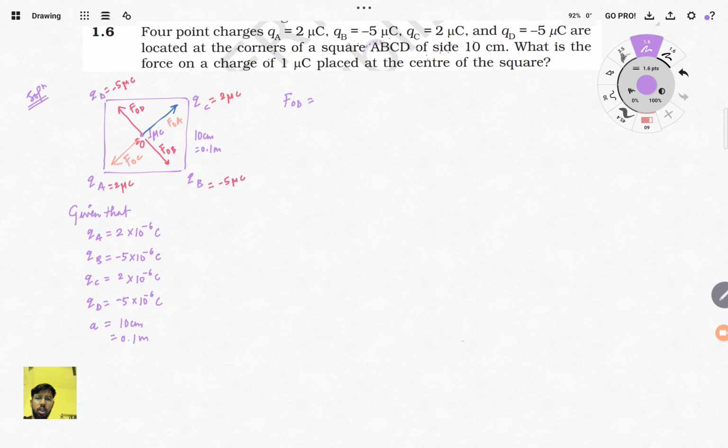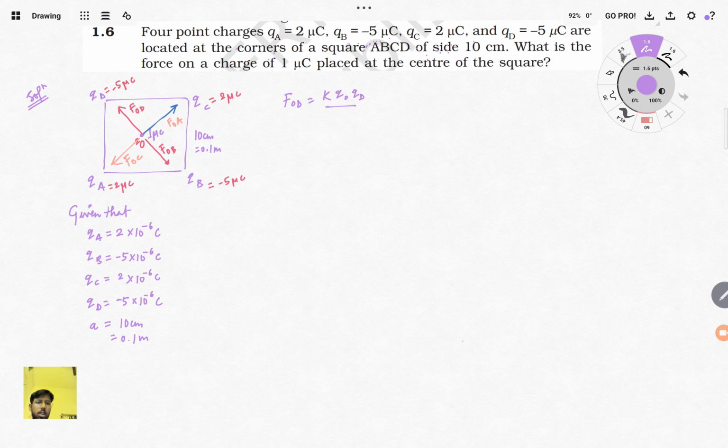So the force on O due to D is K Q_O Q_D by R squared, where R is half the diagonal. The diagonal of a square of side a is a root 2, so here it is 10 root 2.